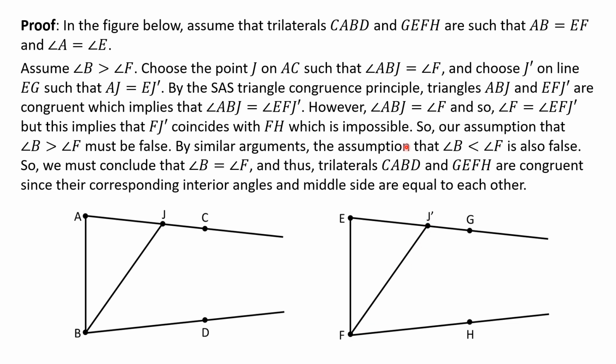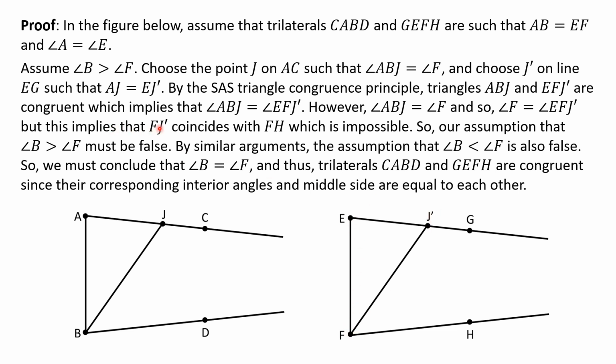However, ABJ also equals F, the angle at F, right? That was what we constructed here. And so that means that F is equal to EFJ prime. So this entire angle here is equal to EFJ prime.